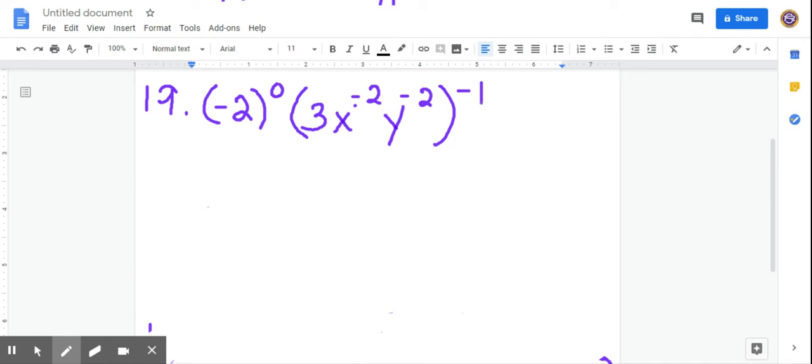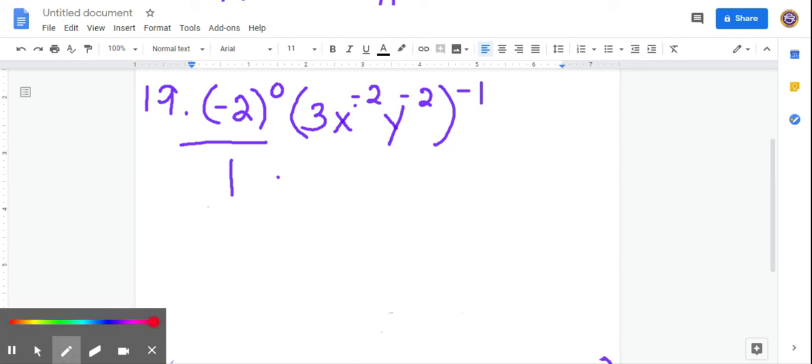So anything to the 0 power is 1. Okay, so we can write that down, or you really don't need it. Now you have a power to a power. Okay, remember this 3 has a 1. The 3 is not with the x and the y. It's a separate factor. It's 3 times x times y.